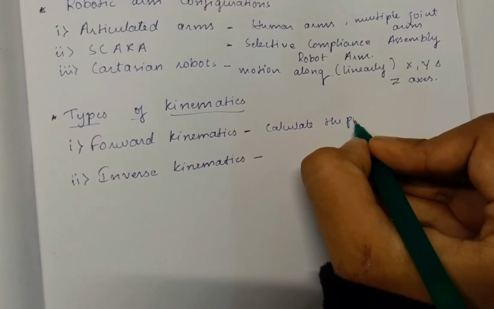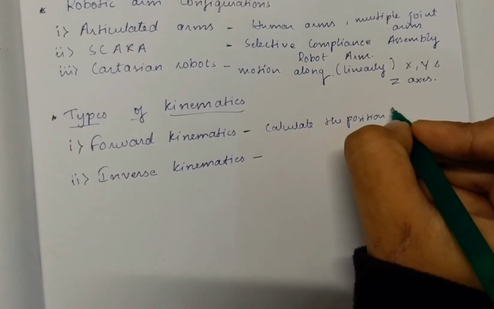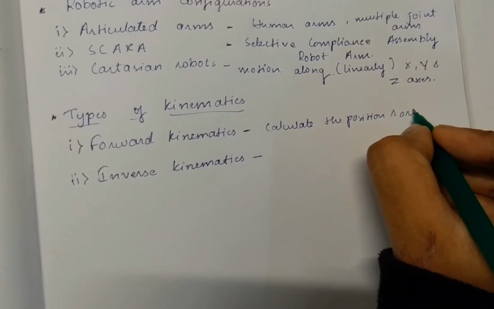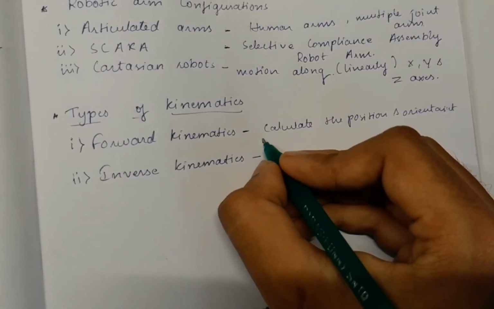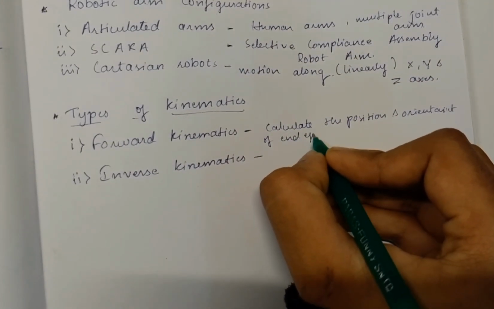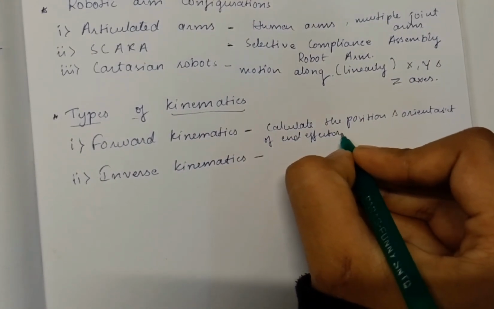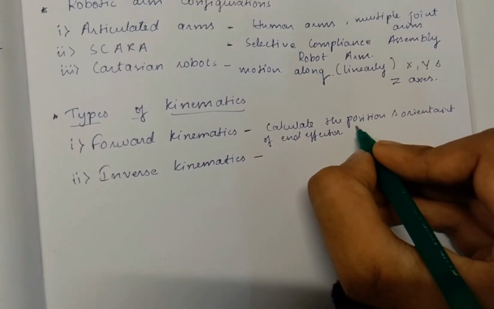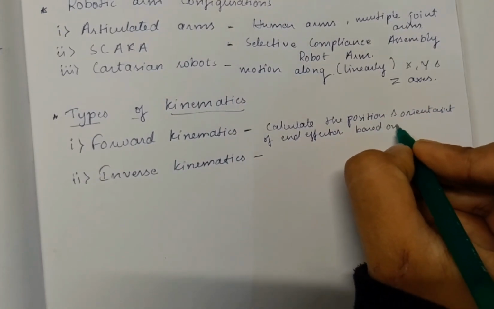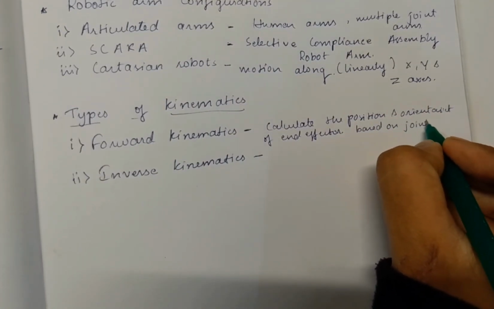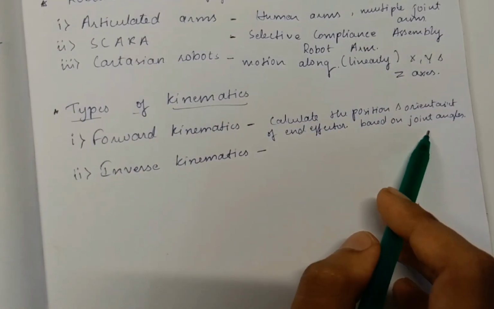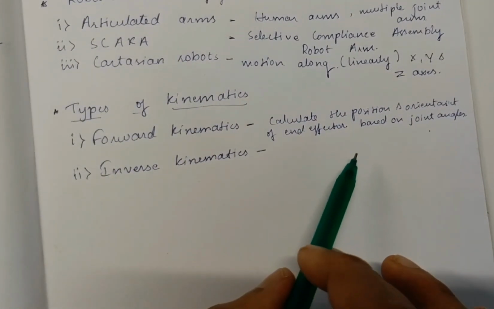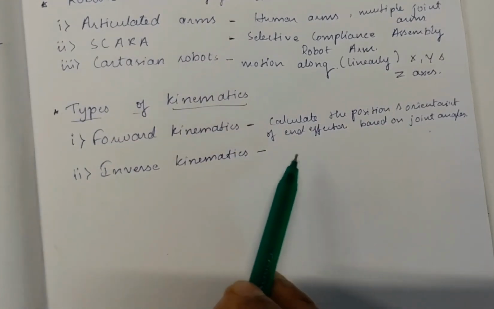What it means is, when the joint angles are given, you can calculate the position and orientation of the end effector.